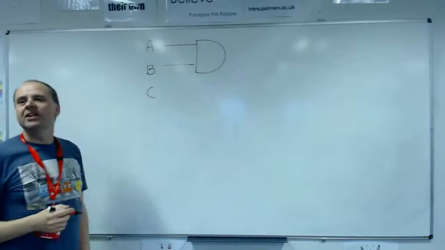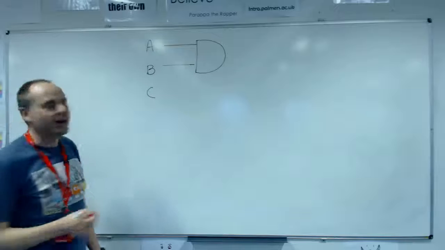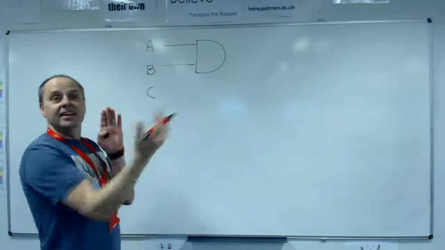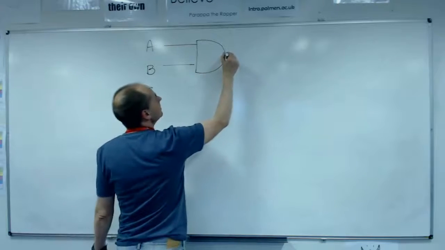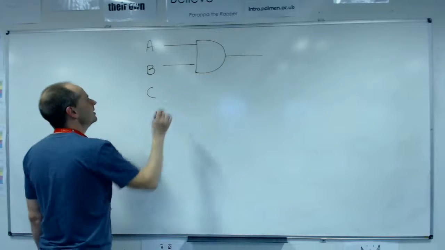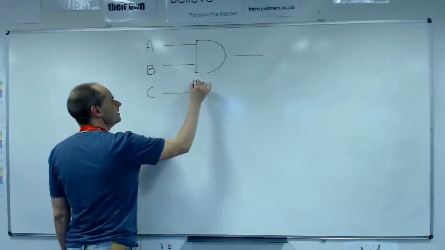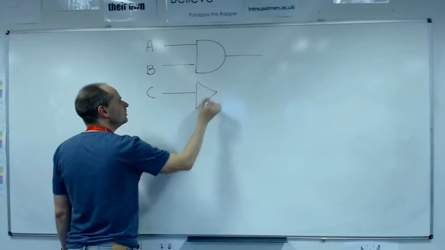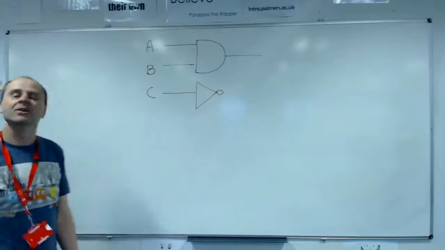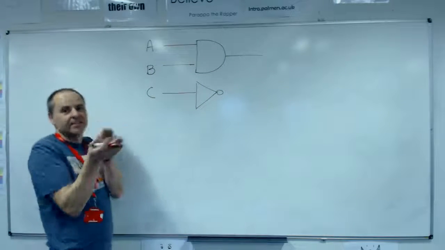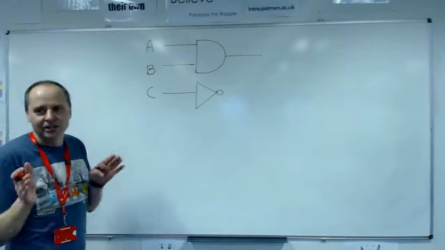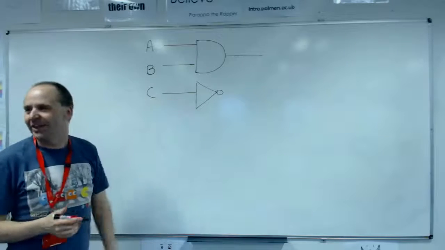Right, which symbol is that? Correct, it looks like a D, so it's AND. I don't know where that's going yet. What is that one? So you can probably spot that on any circuit diagram because it's the only one that'll have one thing going in it.